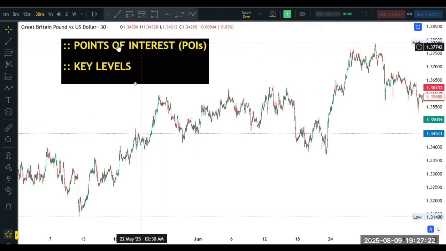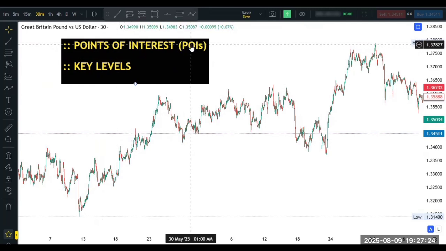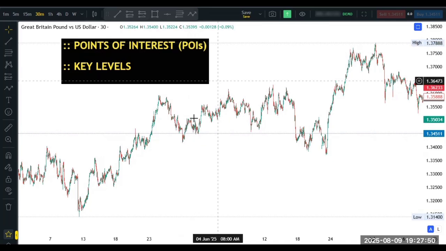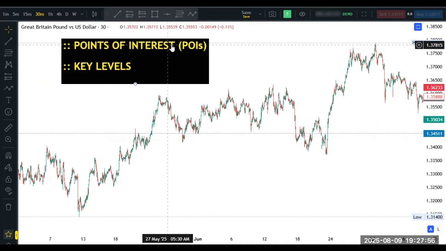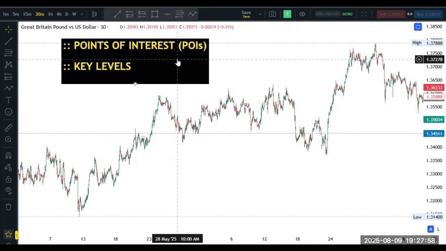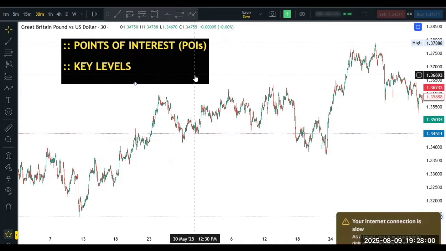Also remember that points of interest are traded as strategies. You can also use them for trailing behind a price. So when price is going in your favor, you can trail behind the price using your points of interest as well. So we can see how important they are.